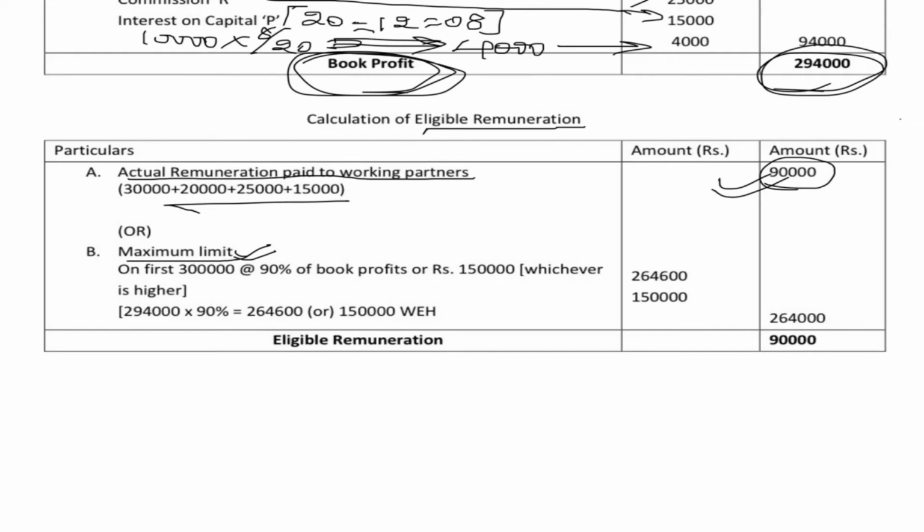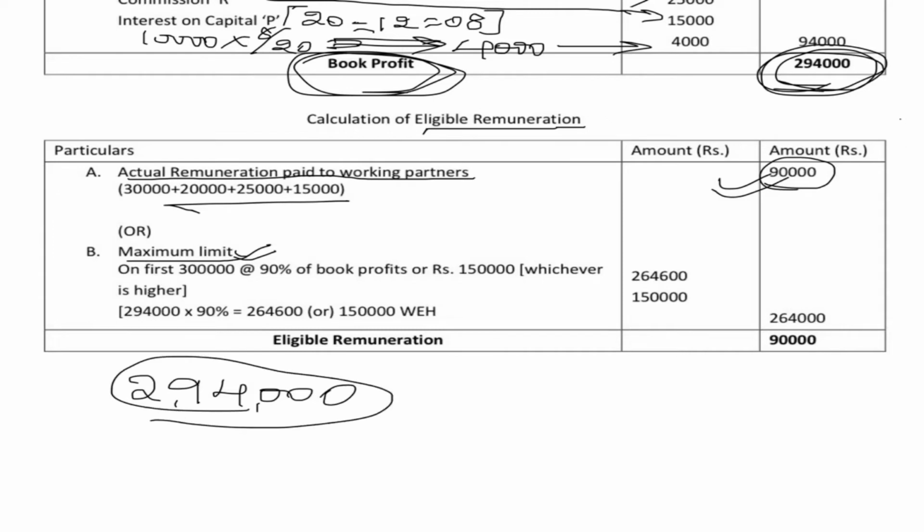Now the second criteria is the maximum limit. How much book profit do we have in the problem? 2,94,000. Since this is within the limit of 3 lakh, we will not be considering the second sub criteria under maximum limit. The first one is on the first 3 lakh, at the rate of 90% of the book profit or 1,50,000, whichever is higher.